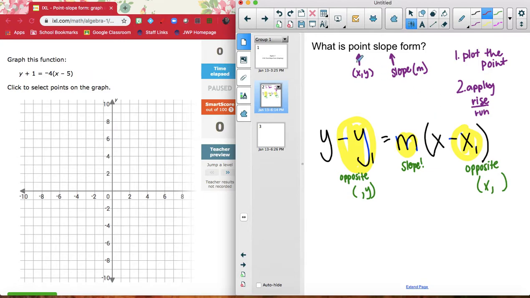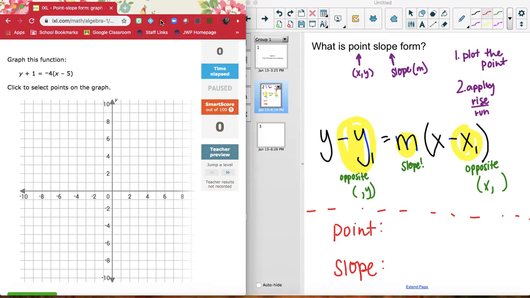I told you we learn 2 things from point-slope form: we learn a point and we learn the slope. So I'm going to figure out what the point is, figure out what the slope is, and then use that to graph.